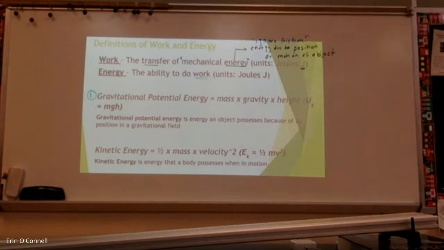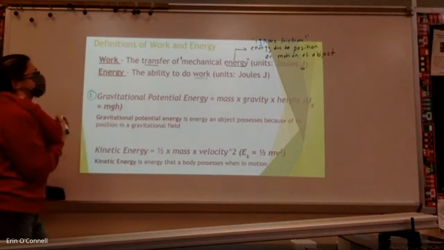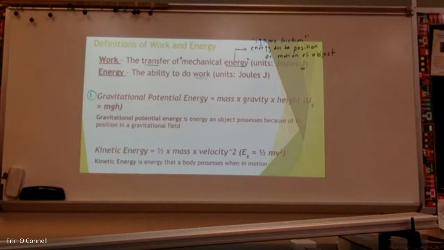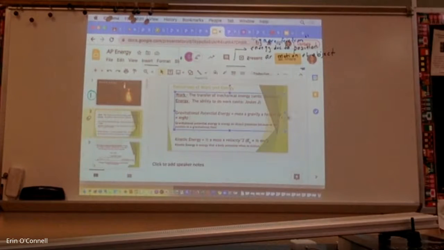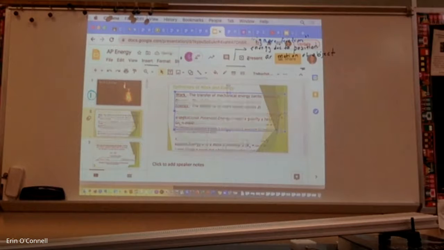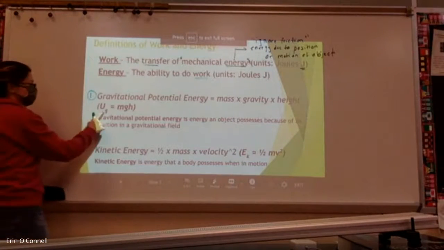To calculate gravitational potential energy, we take the object's mass times our gravitational constant times height. So this is our equation here.